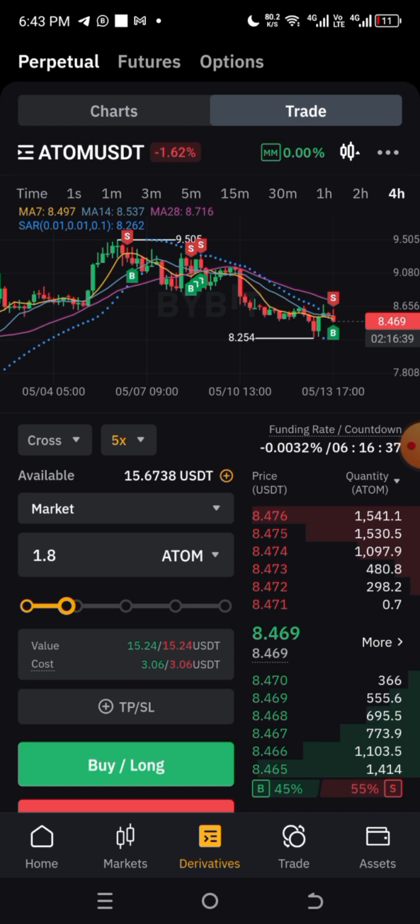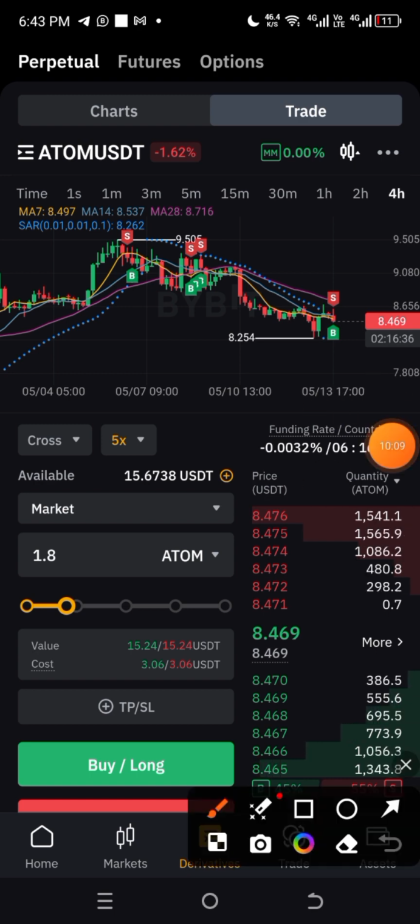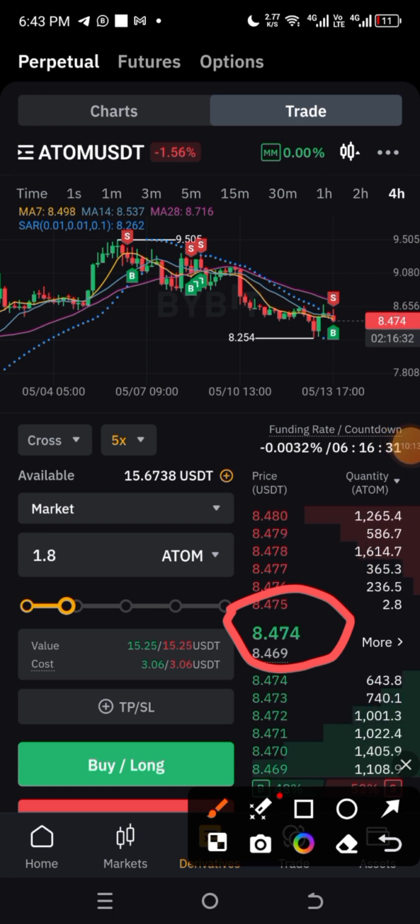Lower than the current market price, lower than this guy right here. So let's say our stop loss is going to be 8.10 because we are predicting the market wants to go up. We want to buy, the market will go up, right? So imagine the market goes down. Where do you want to leave the market? That's why you need a stop loss. It will prevent you from further damages.